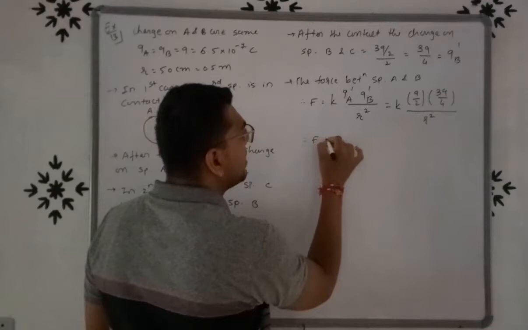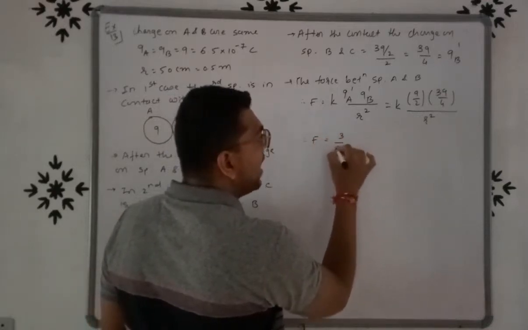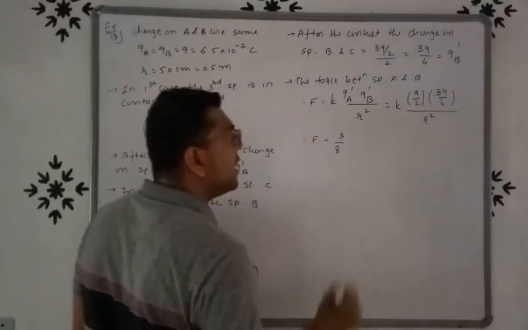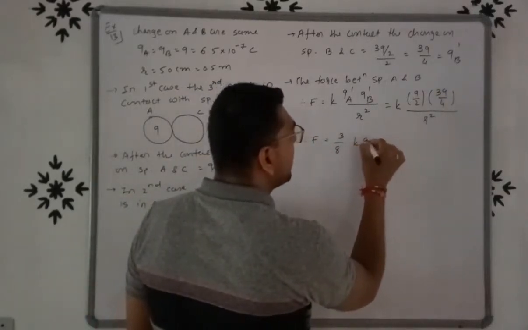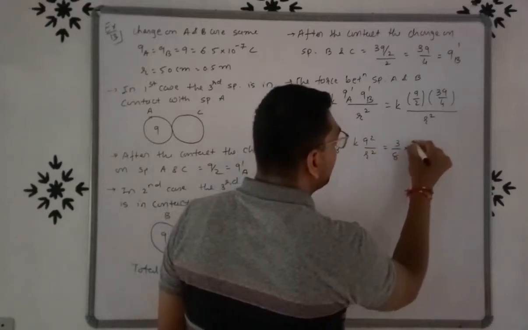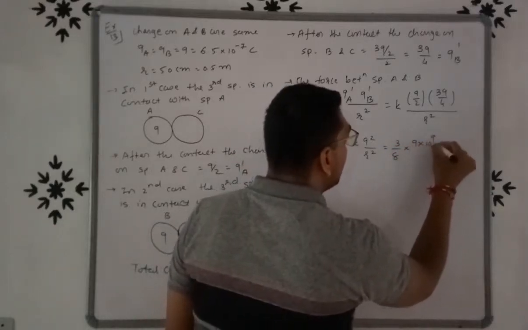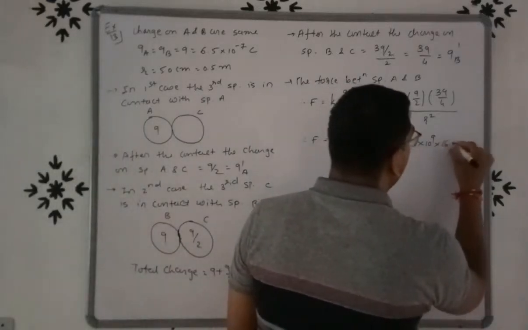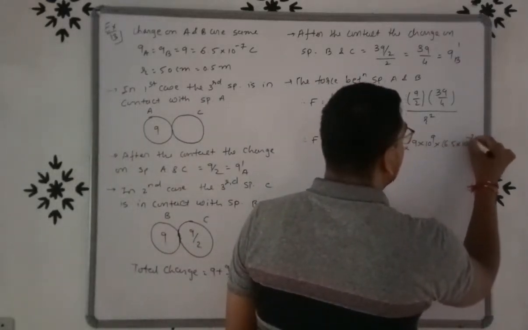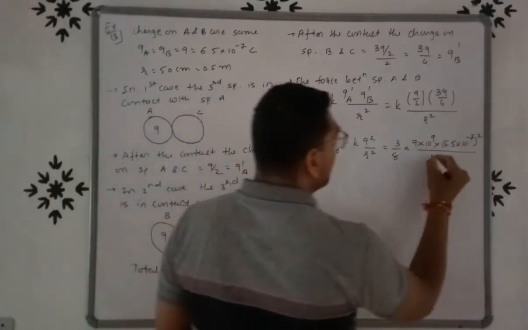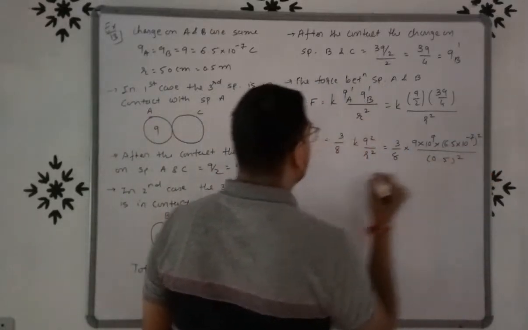So F is equal to 3 by 8, because see here friends, 2 into 4 is 8. So 3 by 8 KQ square upon R square. So 3 by 8, value of K is 9 into 10 raised to 9, value of Q square is 6.5 into 10 raised to minus 7 whole square, upon R square, 0.5 whole square.